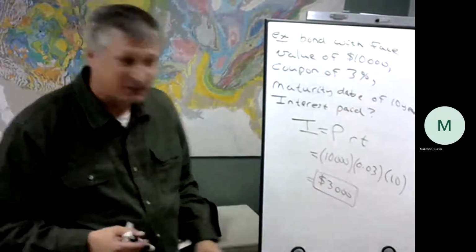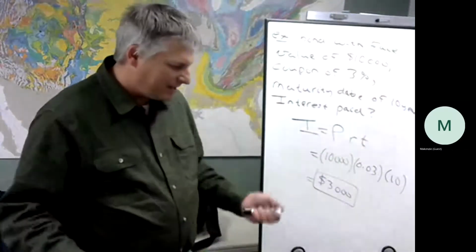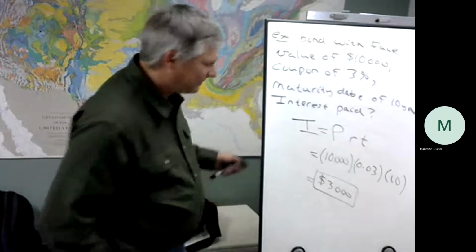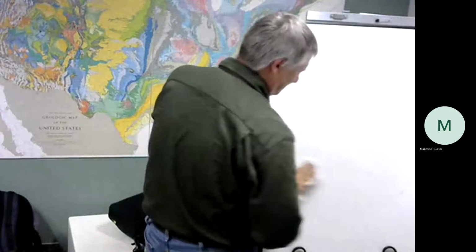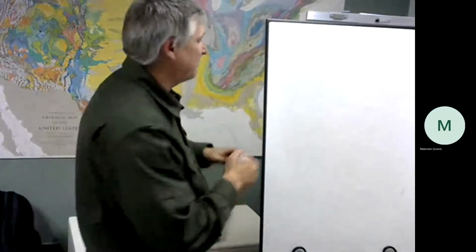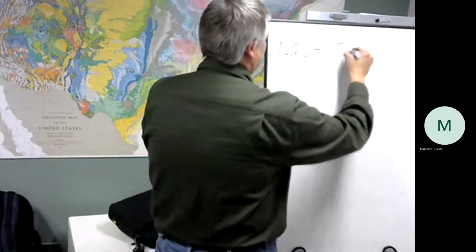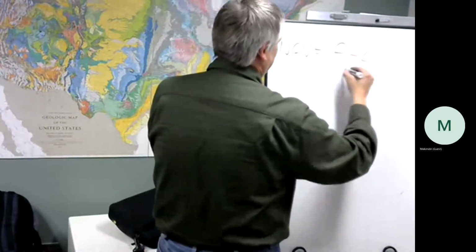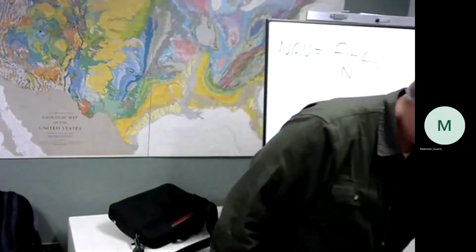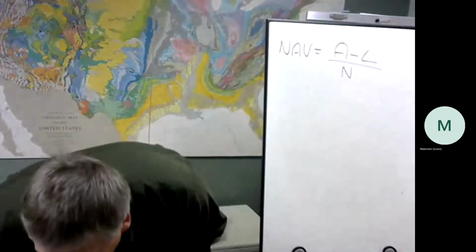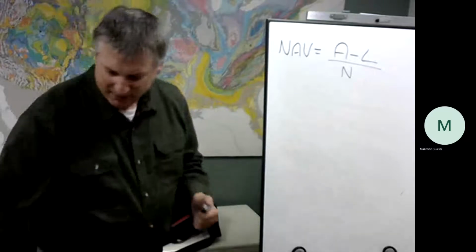All right. So the last thing I'm going to mention in 11.4 is the net asset value of a mutual fund. And there's a couple calculations you do with this. So net asset value, NAV, it's assets minus liabilities over the number of shares. You can see that. So let's say we have an example like this.